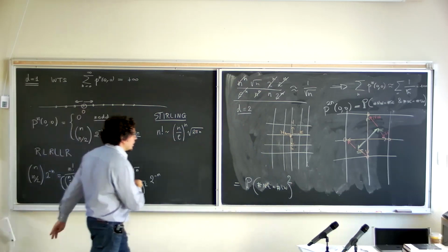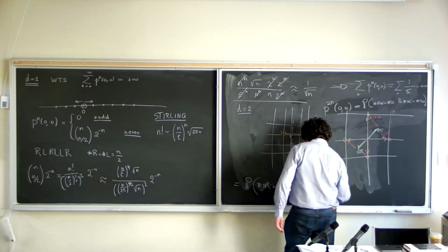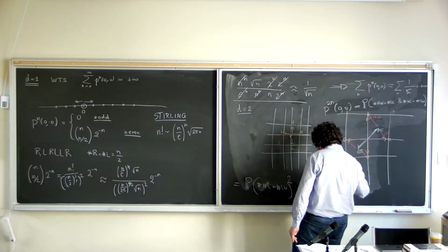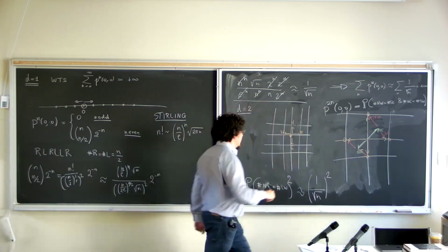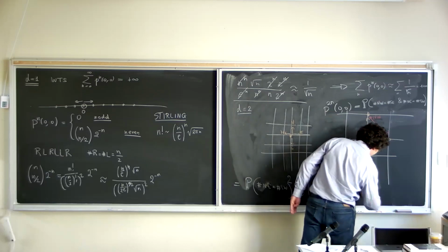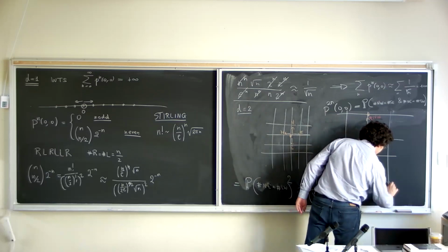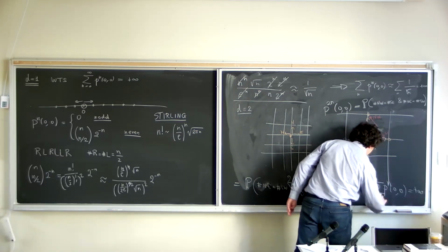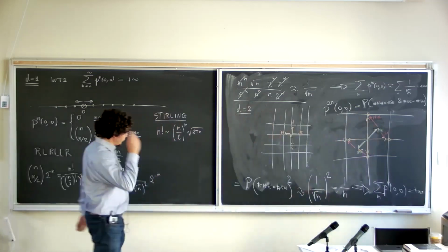And so this is like 1 over square root of n, which was the one for one dimension, squared. And so clearly this is 1 over n. And so again, the sum of p_n(0,0) diverges because each of them grows like 1 over n.